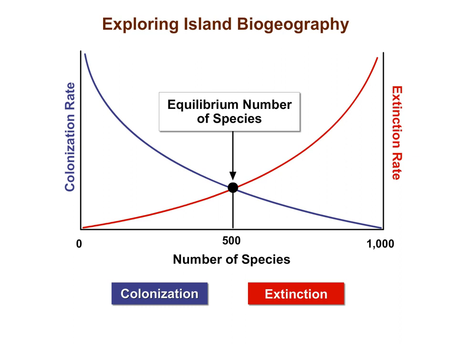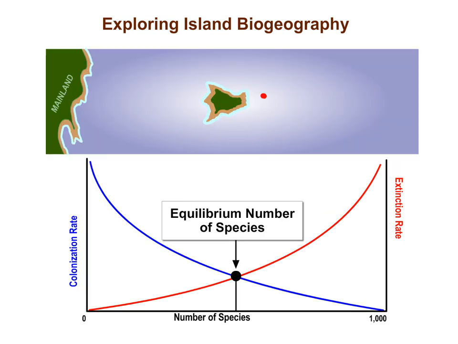Below this point, colonization exceeds extinction, and the number of species will continue to increase. Above this point, extinction exceeds colonization, and the number of species will decline. After a long time has passed since the emergence or disturbance of the island, hundreds to thousands of years, the number of species is predicted to be at this equilibrium number.